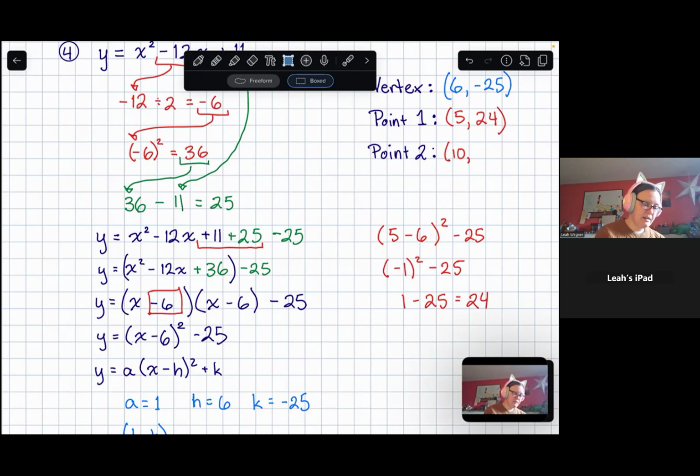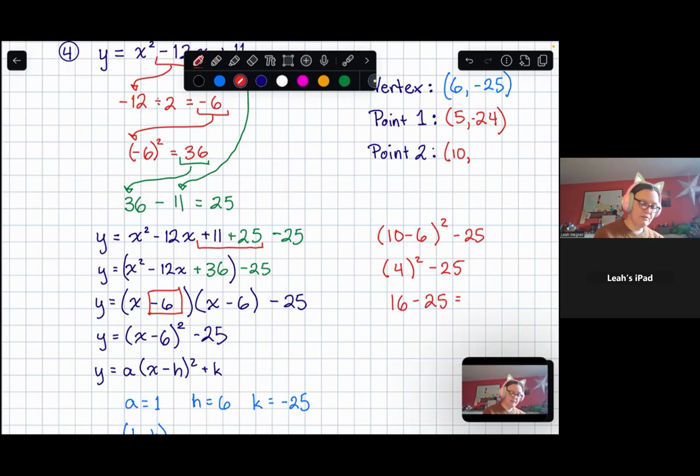Next, we're going to try again with point 2. Point 2's value for x was 10, so I'll replace that 5 and make it into a 10 and see what happens. 10 minus 6 is 4. 4 squared is 16. 16 minus 25 is, oh, that was a negative 24, huh?